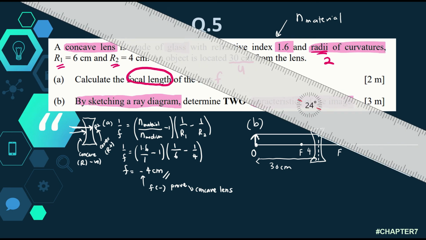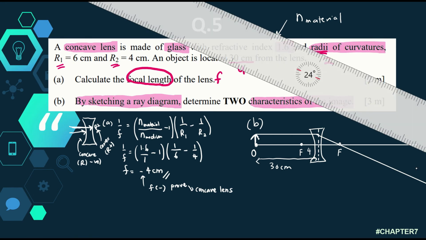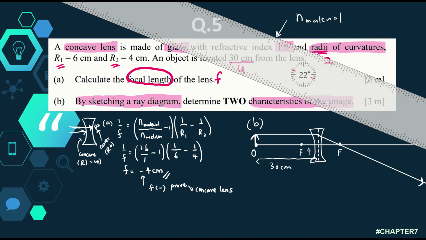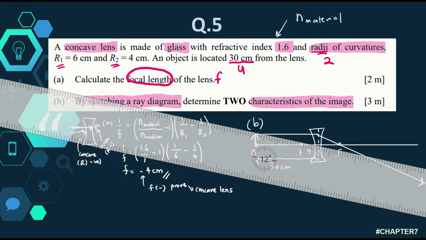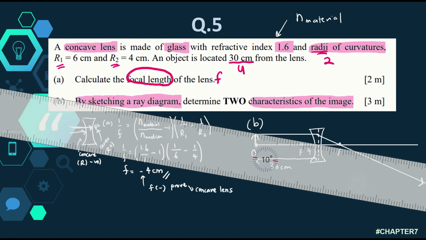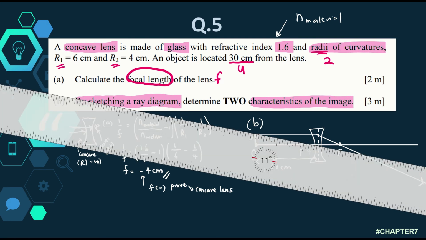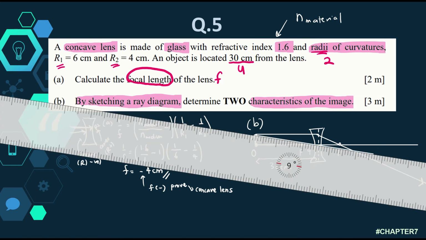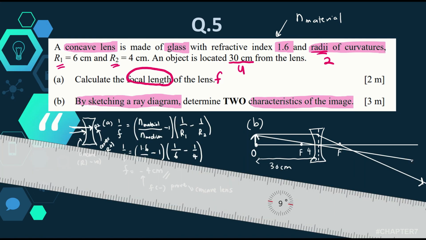So this is your line. The first ray must have an arrow. Then the second one goes straight from the top of the object to the center of the lens. So this is your second ray.